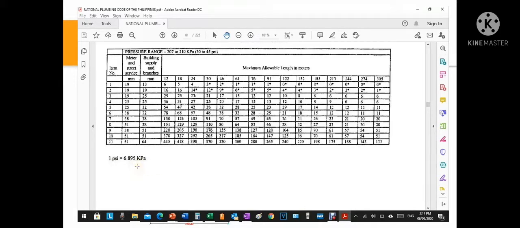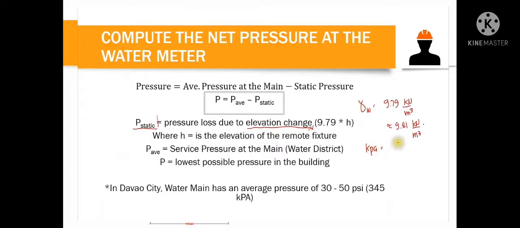Kilopascal, this is equivalent to kilonewton per square meter, since Pascal is equal to Newton per square meter. Again, this is the unit of pressure. Okay, then we also have psi, or pound per square inch. So these are the units of pressure.